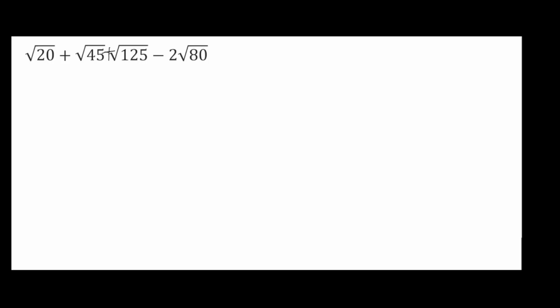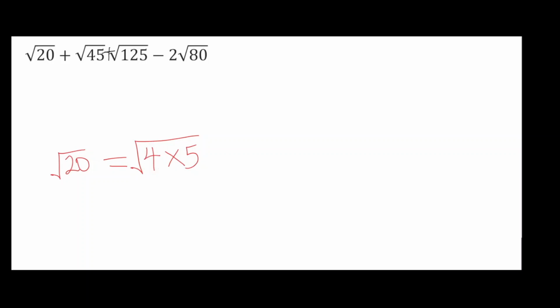Now, all I just need to do is ensure all of these are in the basic form. How do we go about this? To write 20 in its basic form, square root of 20 can be written as the square root of 4 multiplied by 5. When we split 20 into the multiplication of its factors, one of the factors must be a perfect square, and in this case 4 is a perfect square.